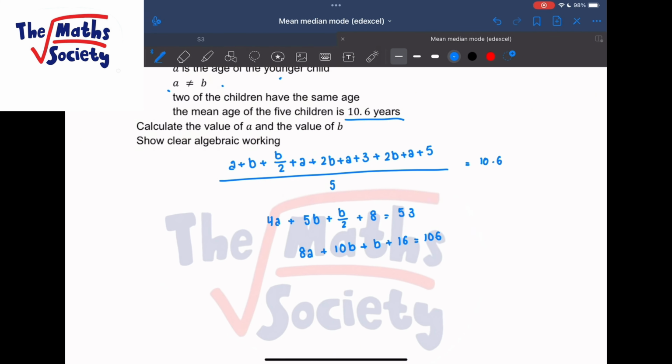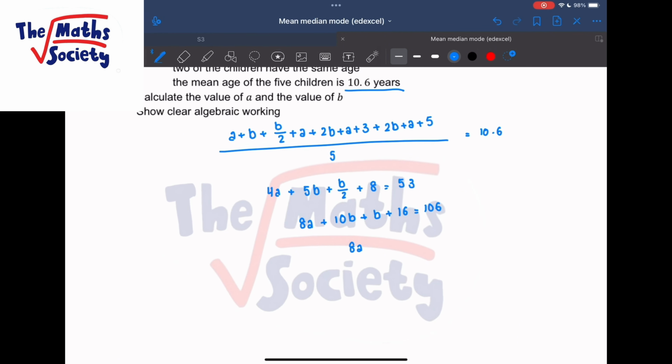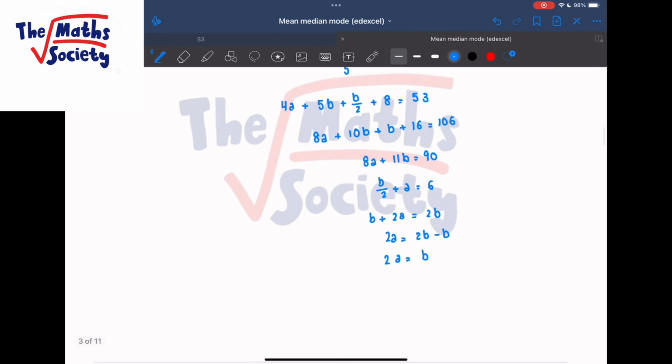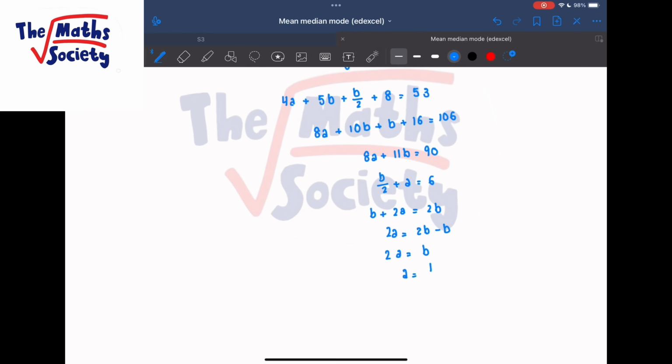So then we should have 8A plus 11B equals 90. And then B by 2 plus A equals 6. And then B plus 2A equals 2B. So 2A will equal 2B minus B, right? So that should be 2A equals B. A will equal B by 2.